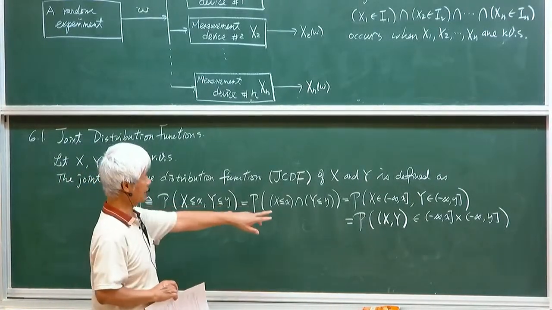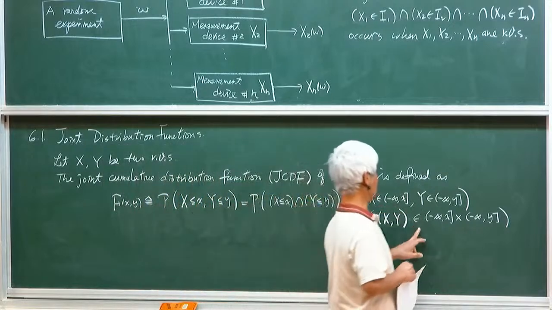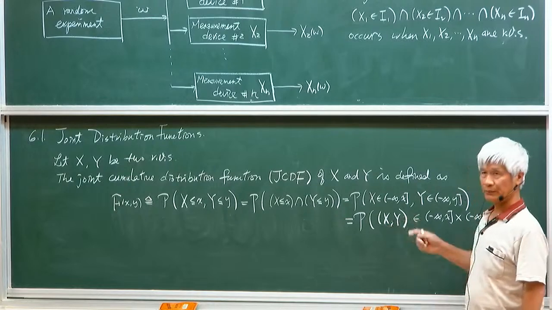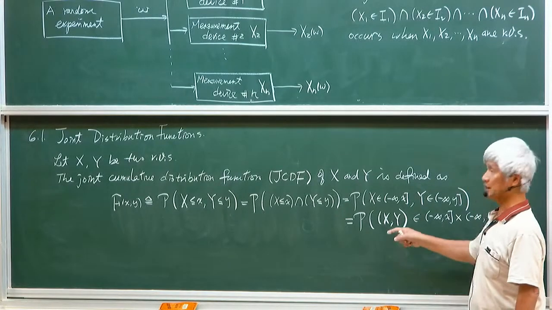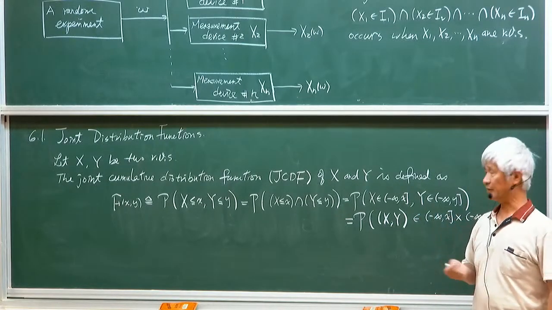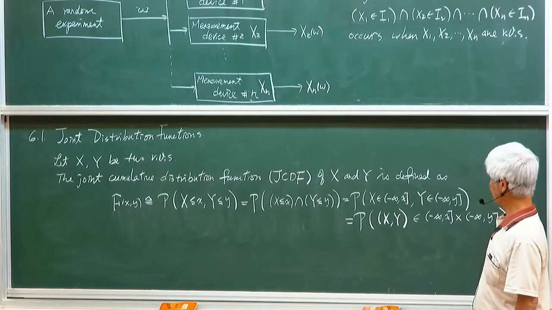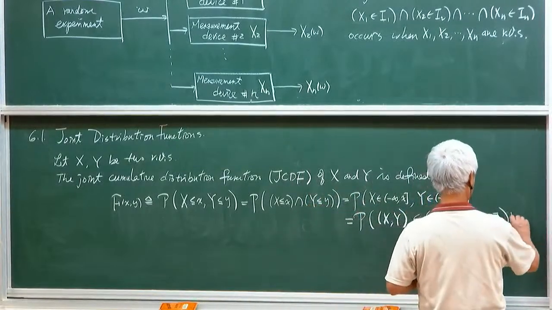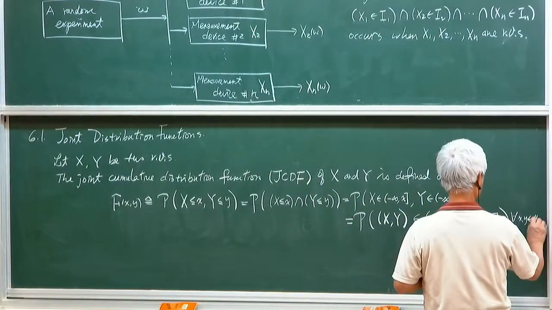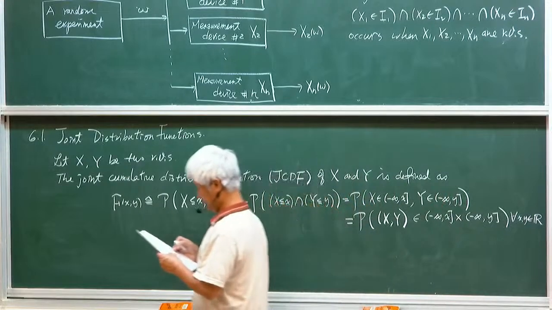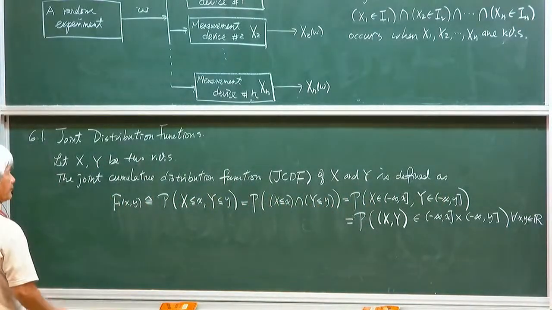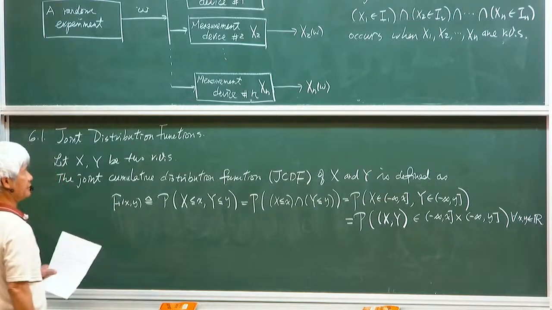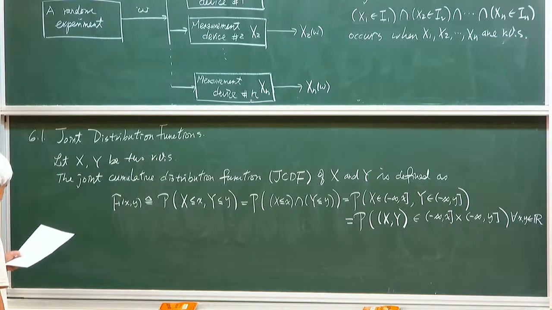Or when you put them together, it becomes a so-called random vector, because it's a vector valued function. Okay, and this is for x, y in R. So this is called the joint CDF of two random variables x and y.